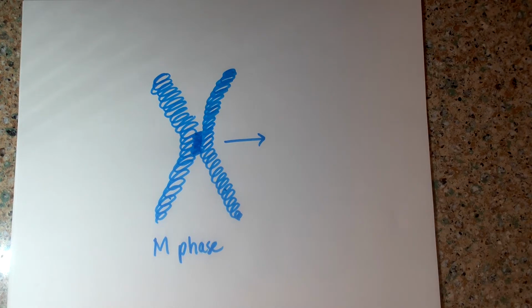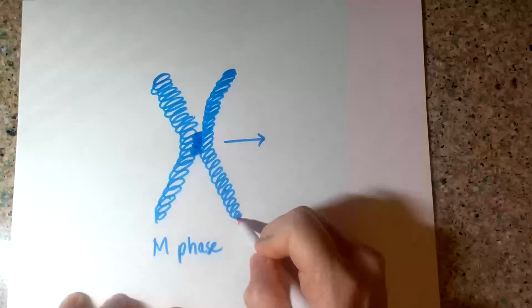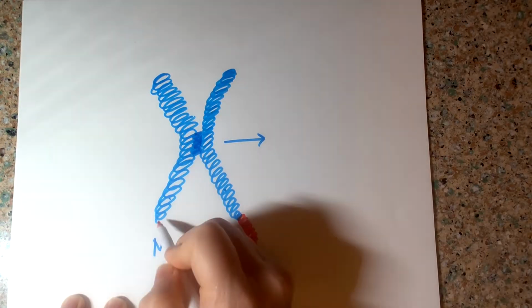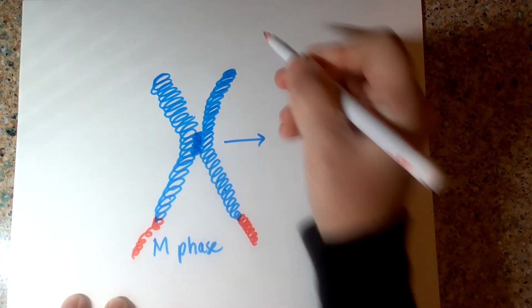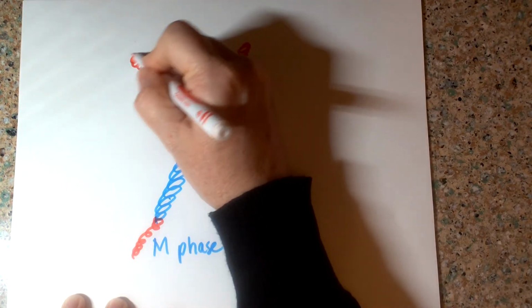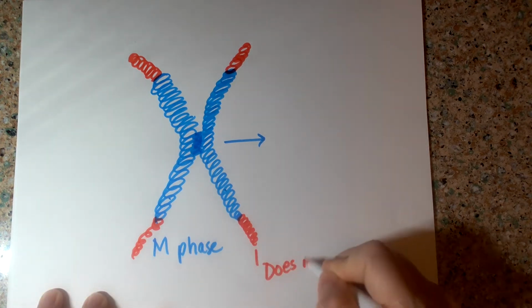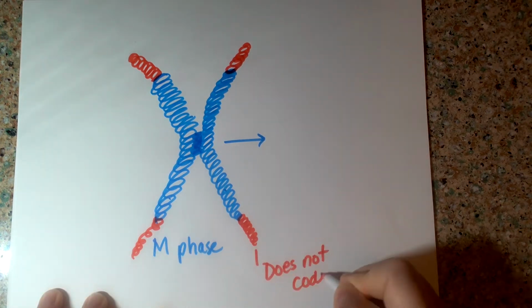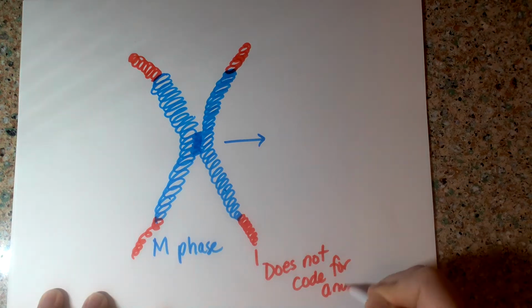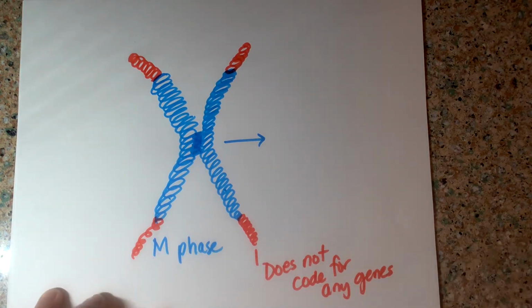The one thing I did not address during the mitosis video is that at the end of each strand of DNA, there is DNA that actually does not code for anything. Okay, so no genes, does not code for any genes.